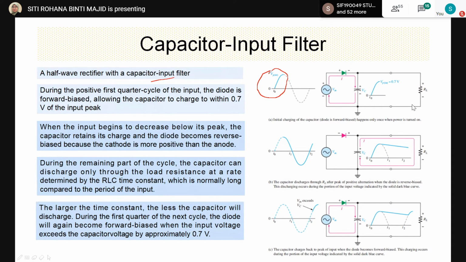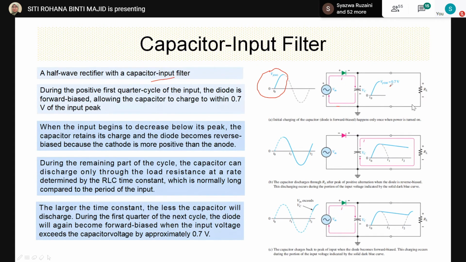So during the first quarter cycle of the input, the diode is forward biased, and the capacitor charges to within 0.7 volt of the input peak. Here the practical diode is used because we consider the built-in voltage of the diode.